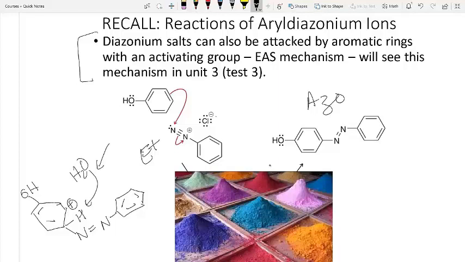Now, this is not a base. In your textbook, they use it as a base. That is wrong. That's an error in your textbook. Chloride ion is not a base. So it's your water that will come in, deprotonate that hydrogen, and then reform that aromatic molecule.